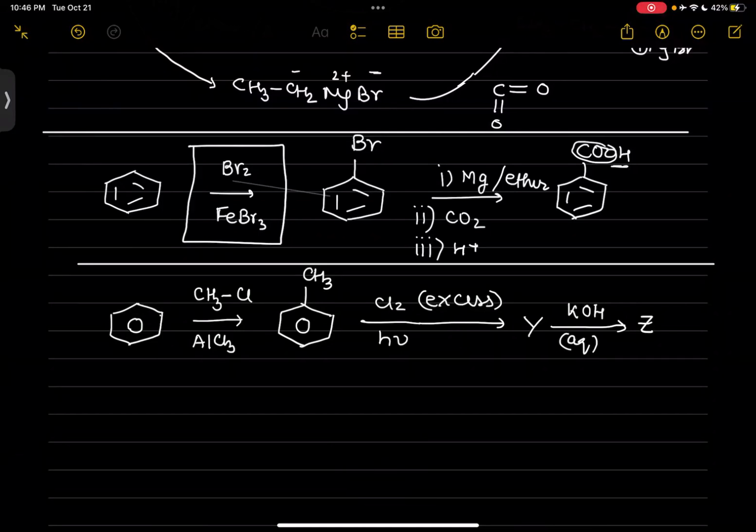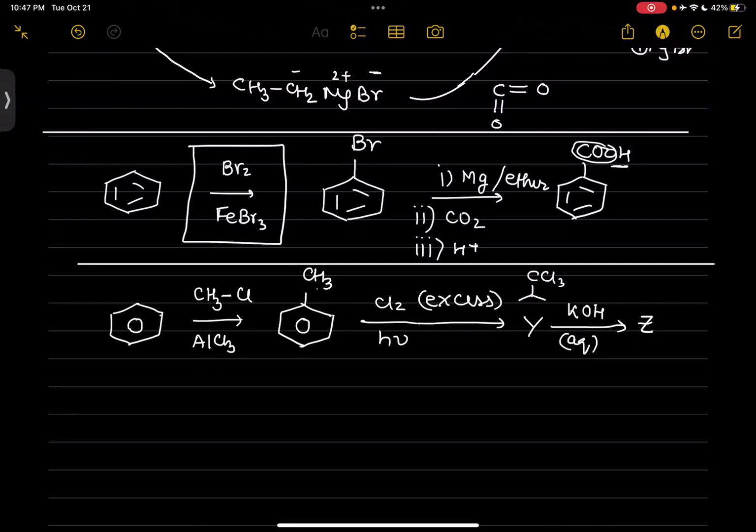What about this one, with Cl2? CH2Cl with the benzene. Yes, with one chlorine it will happen one time, but with two chlorines it may happen two times. But you have taken an excess amount of chlorine, so all the hydrogens of this alkyl group are going to be substituted with Cl.